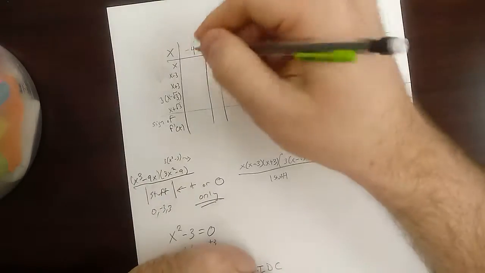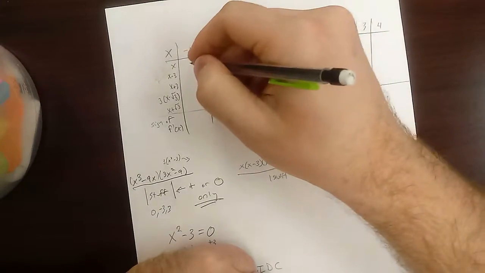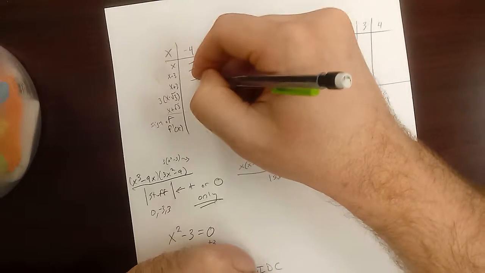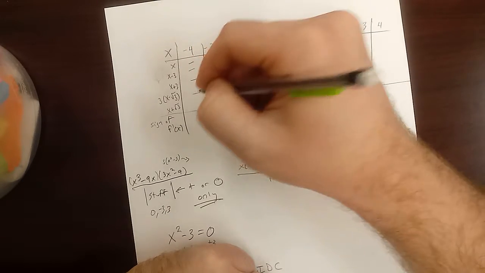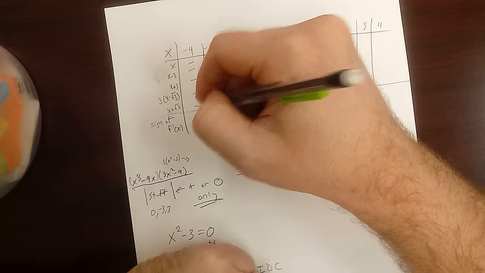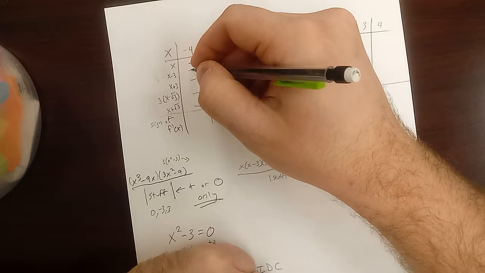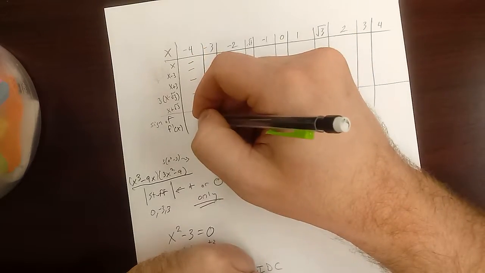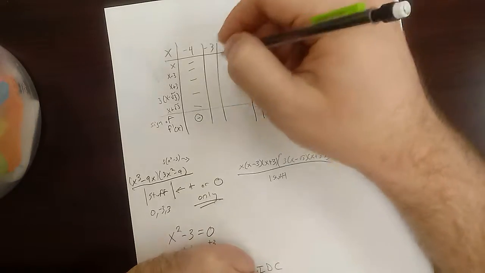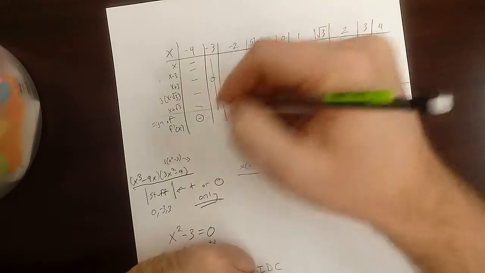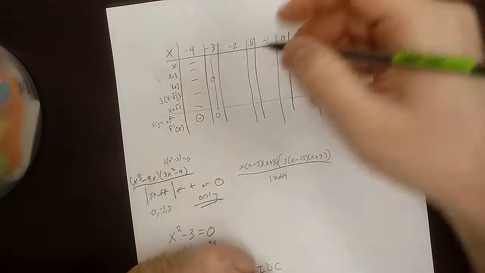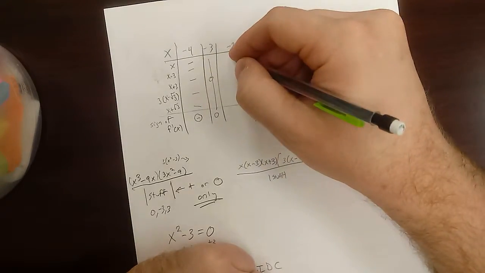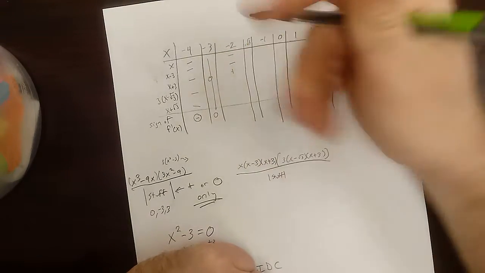So let's see, plug in -4. I get negative, negative, negative, negative, negative. Negative times a negative is a positive, positive. My final sign is negative. Okay, let's try -3. Oh, that's 0, so the whole thing is just 0. Try -2. I get a negative, I get a negative, I get a positive.